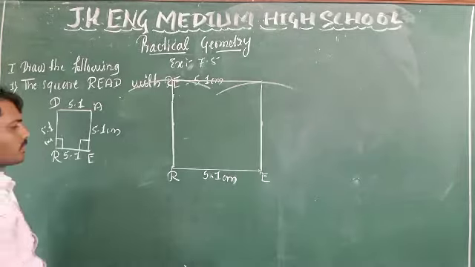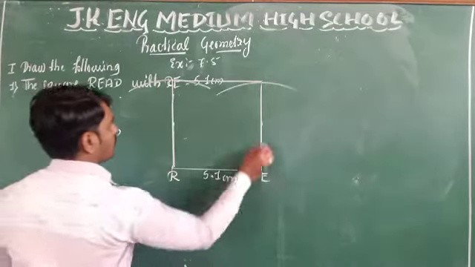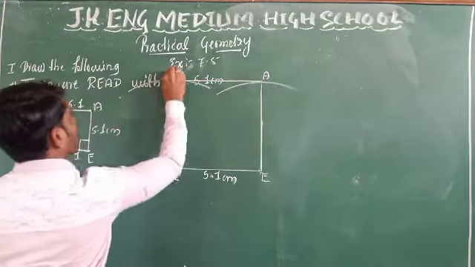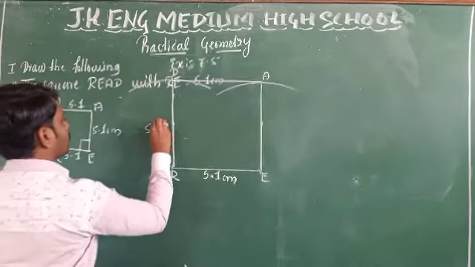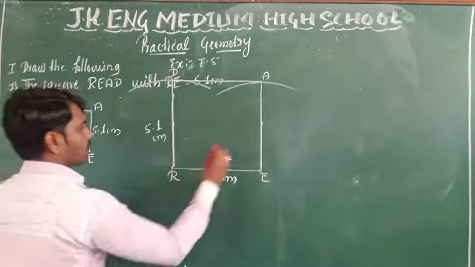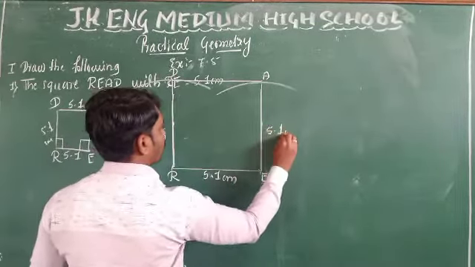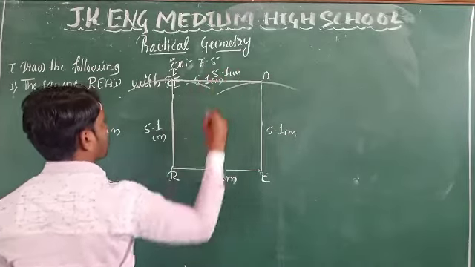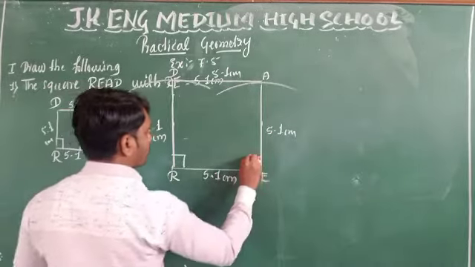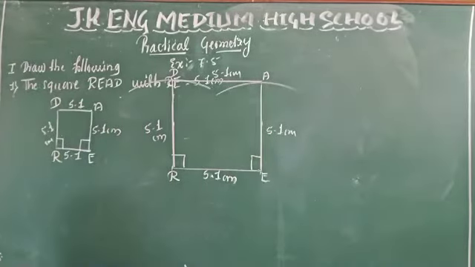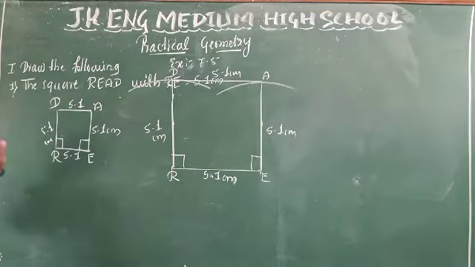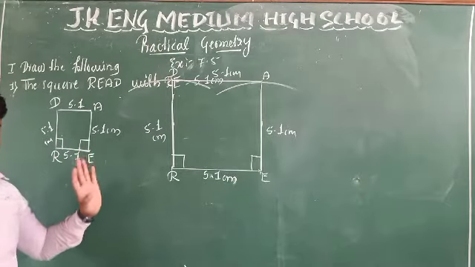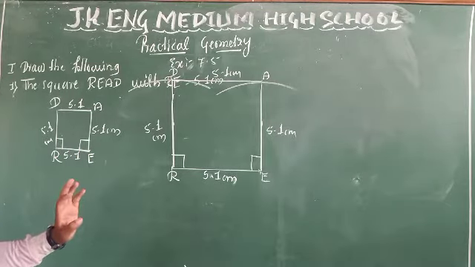So this is your RE, A and this is B. The length is 5.1 centimeter. This is also 5.1 centimeter, and this side also 5.1 centimeter. This is 90 degree, and this side also 90 degree. This is our required square. So draw the diagram.